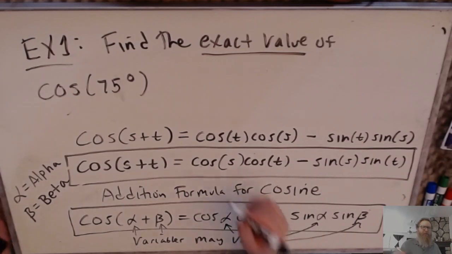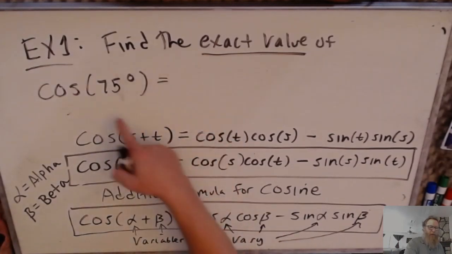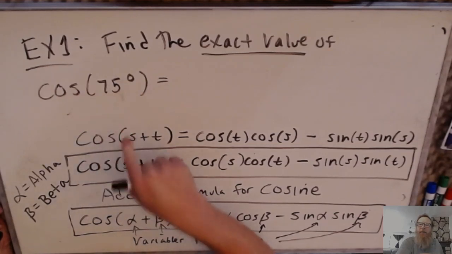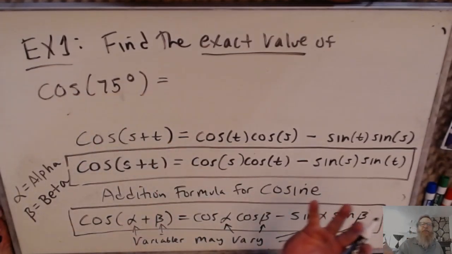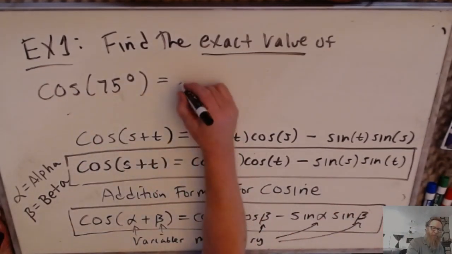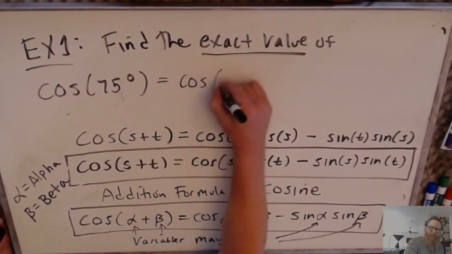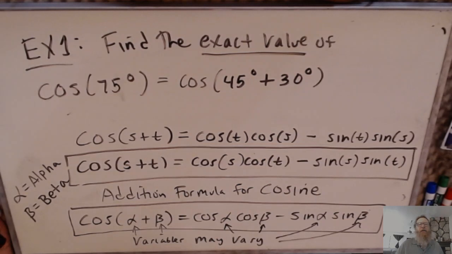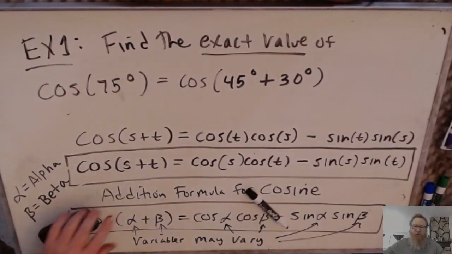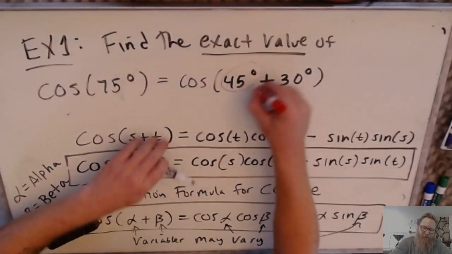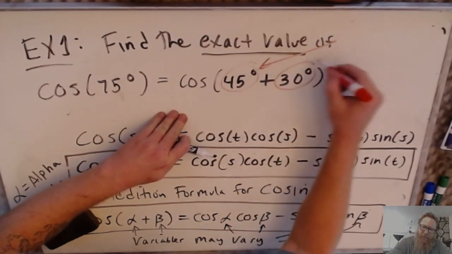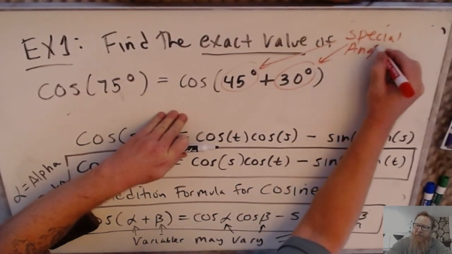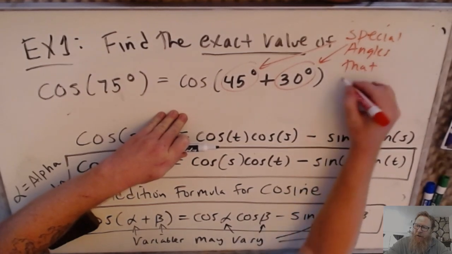I don't know what 75 degrees is, right? It's not one of the ones you memorize. But you did memorize 45 and 30. And you should know these angles. These are special angles that you should know.